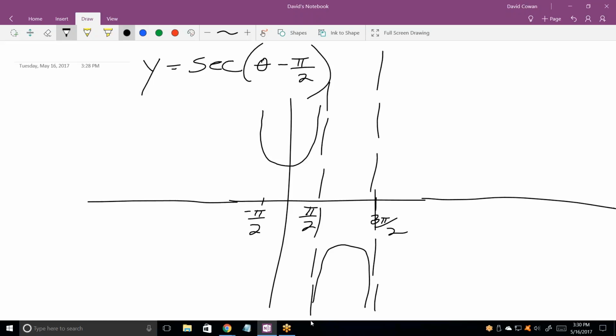But what does this minus pi over 2 do? It changes its starting point. Yeah, it makes this the starting point.